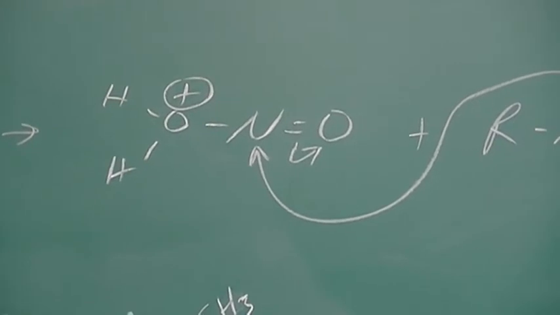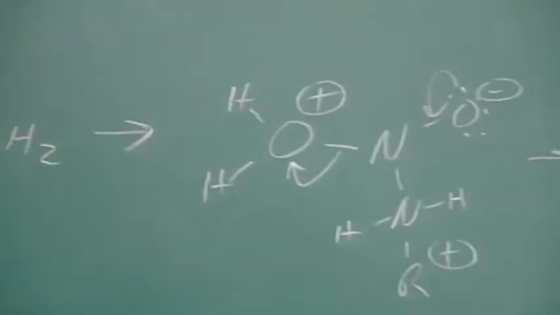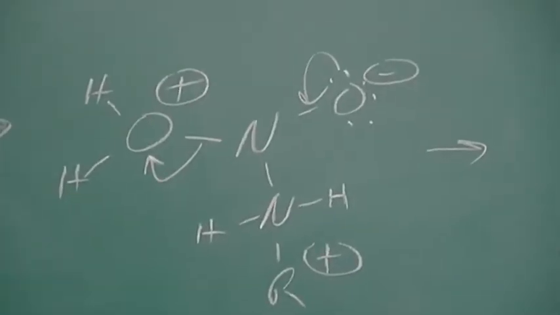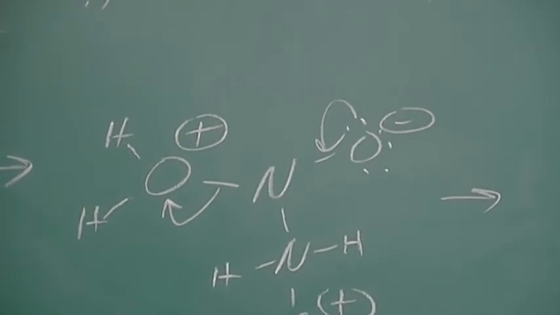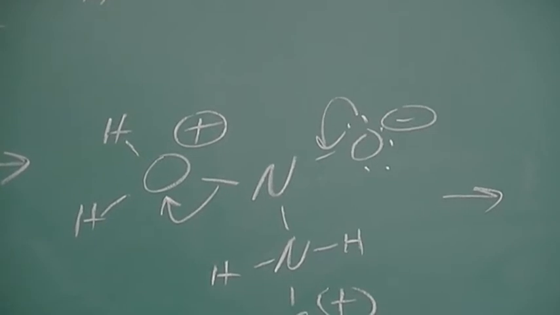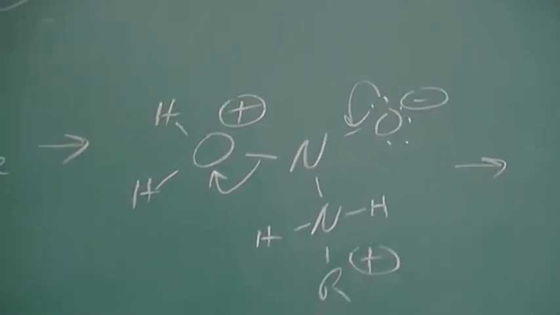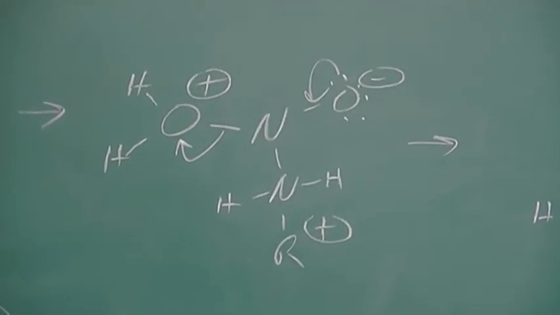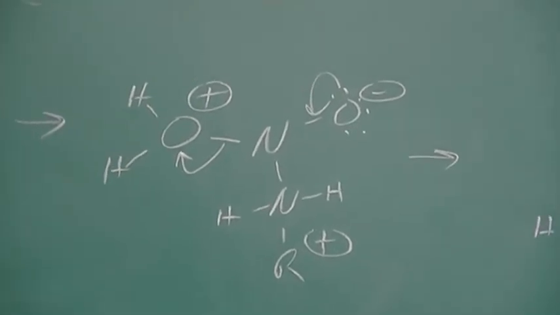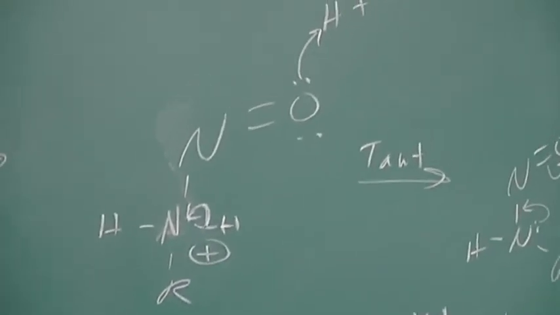Electrons go to the more electronegative oxygen, and you have this complex that has a plus charge on the O, plus charge on the N, and a negative charge on the O. The electrons come down and kick out the H2O, and you are left with this complex here.